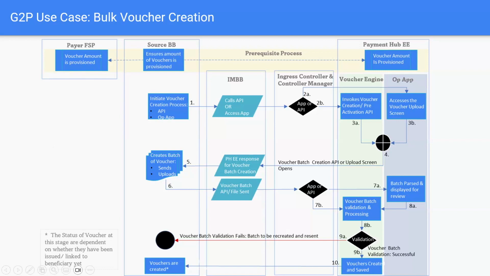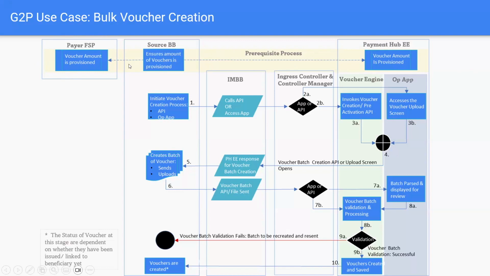Before vouchers could be created, it is important that the government entity or any source building block who is going to be creating those vouchers or programs provides enough funds for those vouchers, because only then could they be validated against that fund and vouchers created. So what you see over here, this whole yellow part, is the prerequisite process.